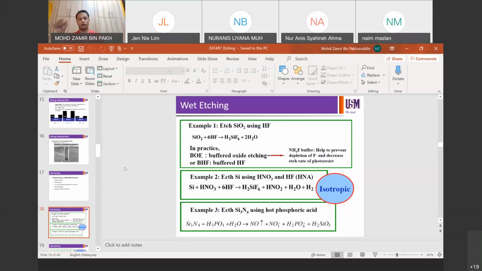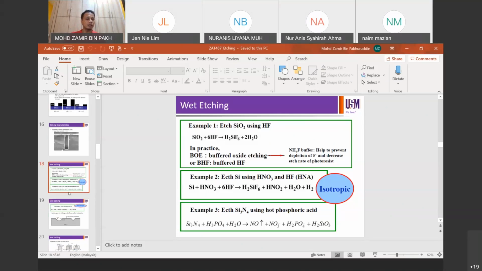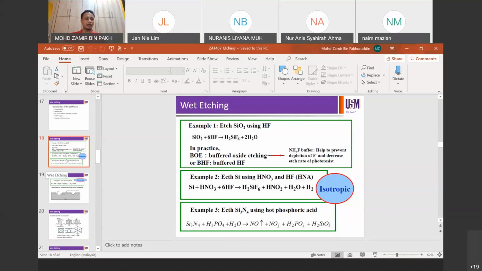That is hydrophobic. At that point, you can say the HF has completely removed your native oxide from your silicon surface. Then your silicon is ready for characterization or for your next processing. Remember: with native oxide, hydrophilic. When the oxide is gone, hydrophobic.